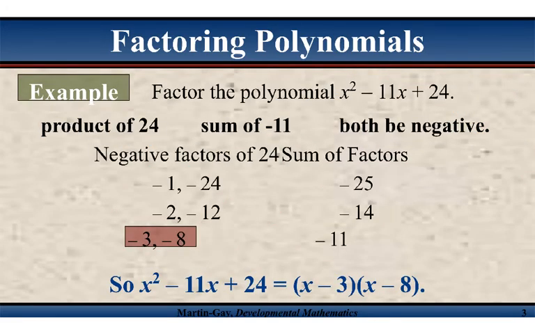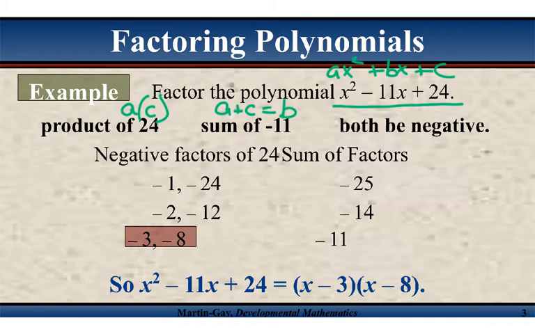So now I'm going to factor a polynomial. Remember, product is your a times your c, so this is your ax squared plus bx plus c, and the sum of a plus c has to equal b. So let me get to why both of these are negative. If I look again at the last, I'm always skipping the first one.